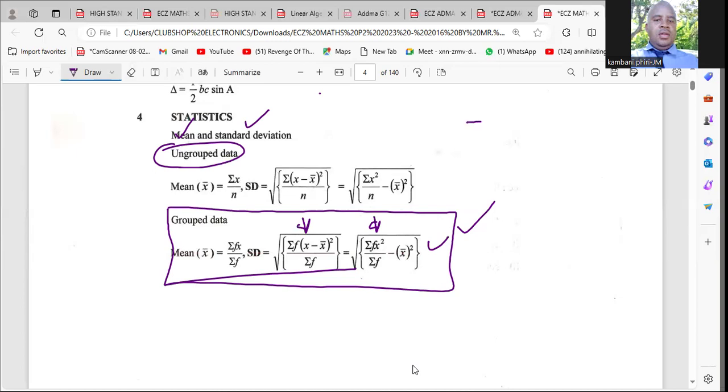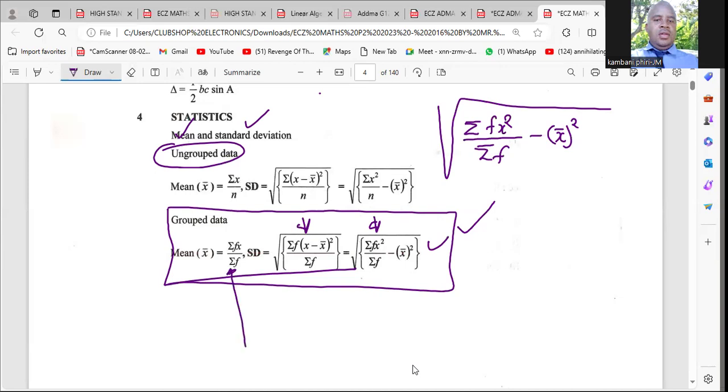It is the sum of f of x squared divided by the sum f minus x bar squared and everything here under the root. X bar is our mean. How are we supposed to find our mean? They have given us here. This time we're supposed to find the mean, and I even wrote. Is that okay?